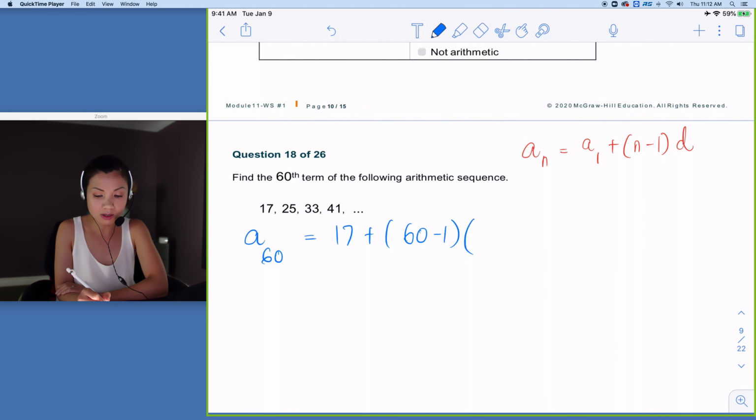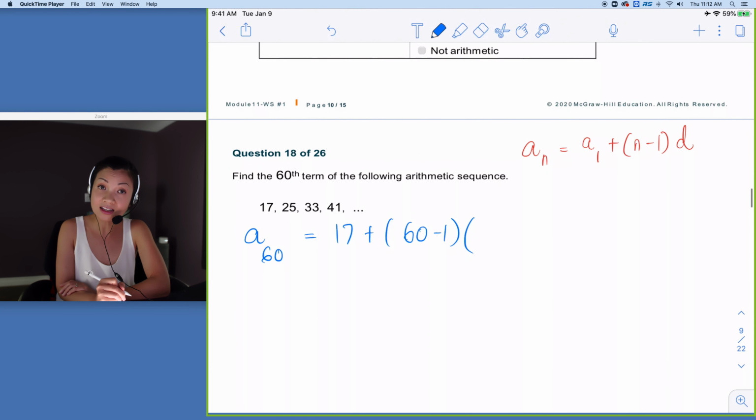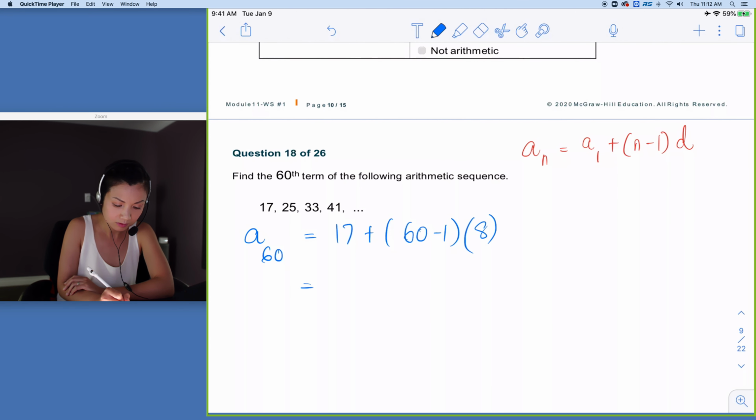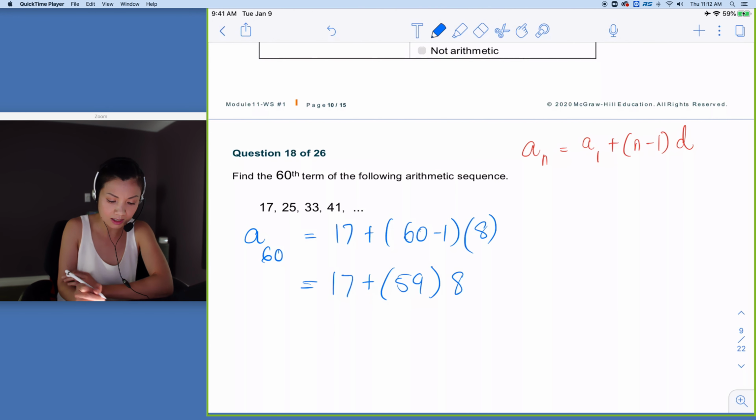Now the common ratio, the common difference, you have to figure it out. So from 17 to 25, we're adding 8. And then if we add 8, you're going to get 33. If you add 8, you're going to get 41. Therefore, D is going to be 8. And then from there, you just use your calculator to get the answer. 59 times 8.